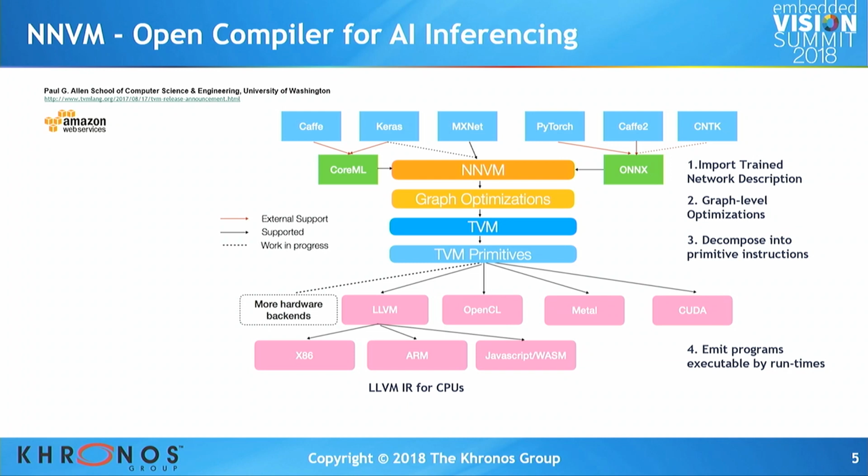And as a last step, they emit programs that can be actually executable by the selected runtime device. And you can see they have OpenCL, CUDA, Metal. They have LLVM, which is the intermediate representation used by pretty much all of the CPU compilers out there. And they're doing more backends.